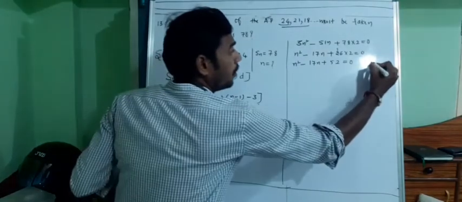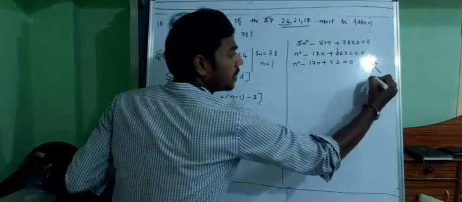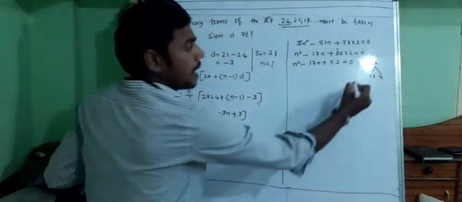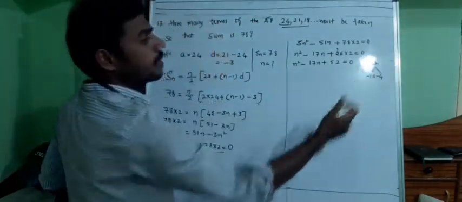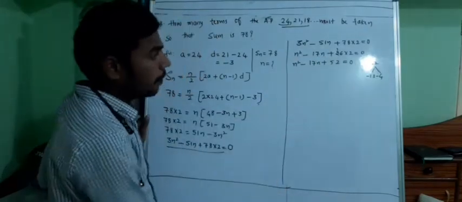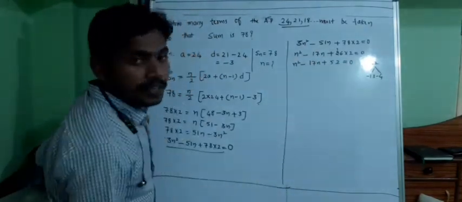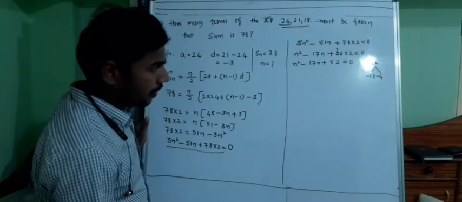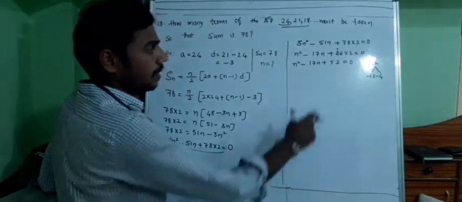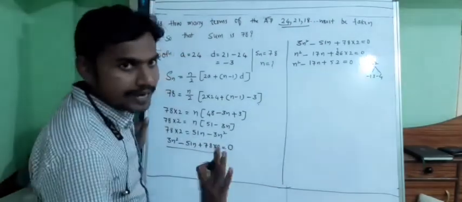See, 52 can be written as 13 into 4, minus 13 minus 4, minus into minus plus. 13 fours are 52, I got that. When I multiply, I got 52. The product is plus 52. When I add minus minus, I'll keep minus as it is. 13 plus 4, 17, satisfied.